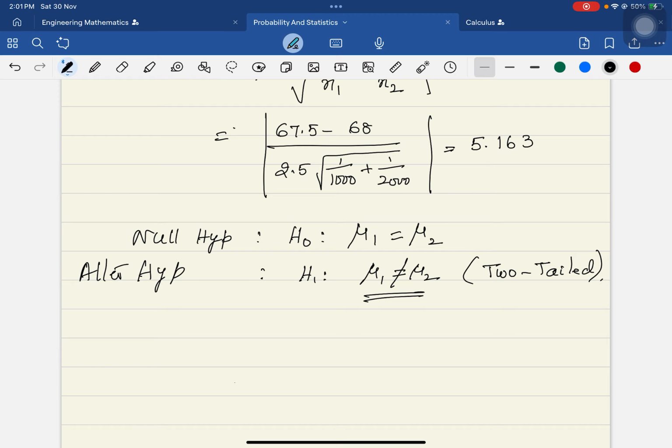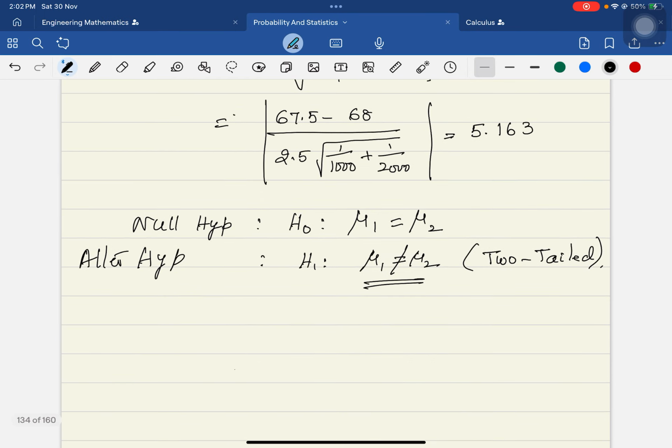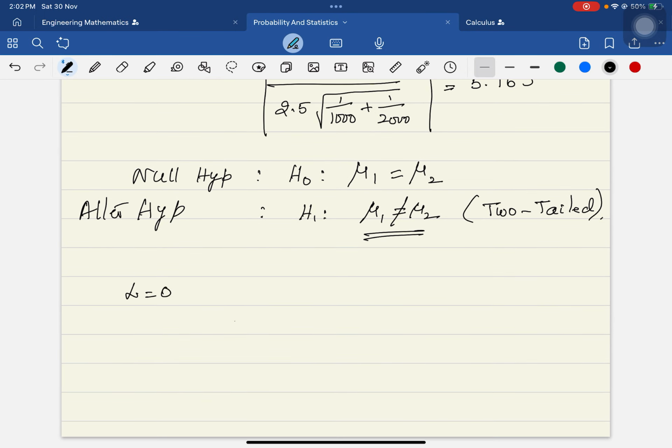Is there any level of significance given? Nothing. When nothing is given as the level of significance, you take alpha as 0.05. At 0.05 level of significance, two-tailed, that means at 95% confidence, what is the Z value?